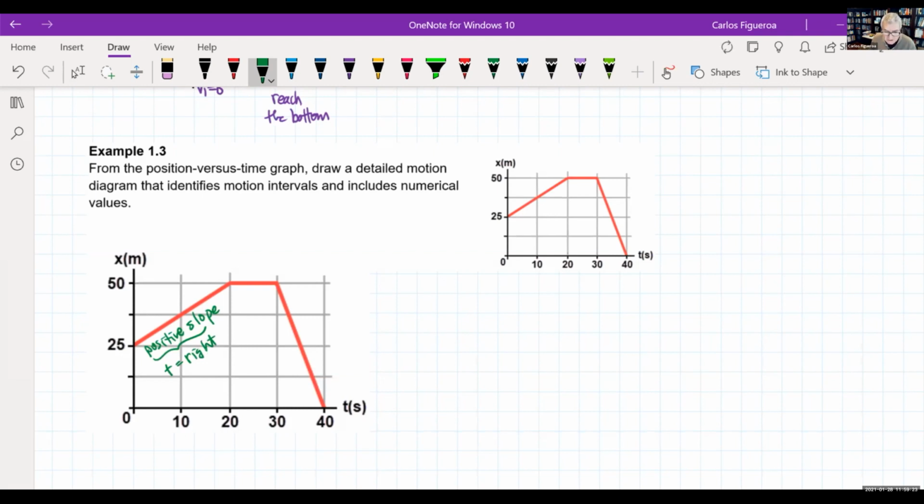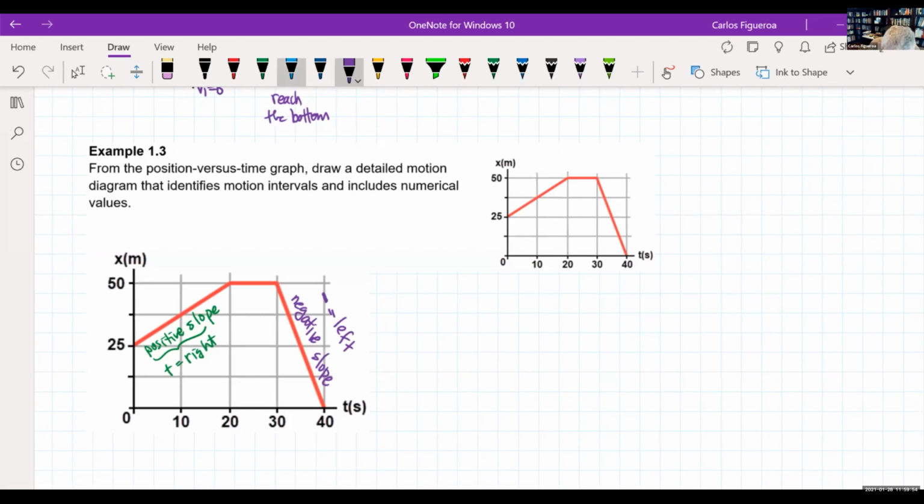And then in this other situation, note that this is a negative slope. But what does negative slope mean? It means it's moving in the negative direction, and in our situation it's moving to the left. But note, if you're going to the right and then suddenly going to the left, at some point you have to stop.